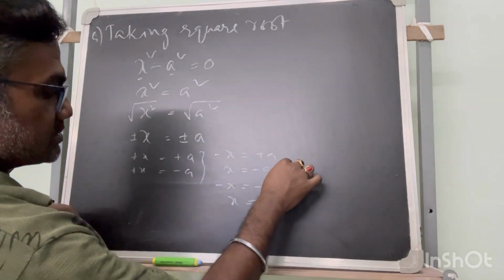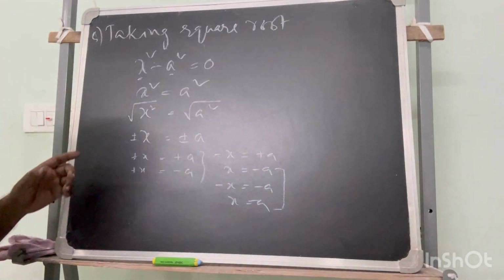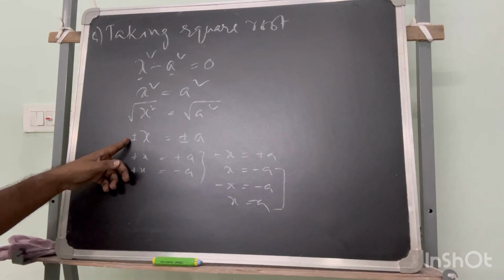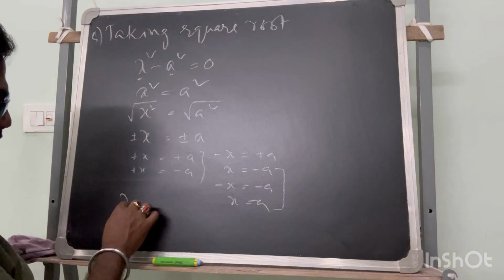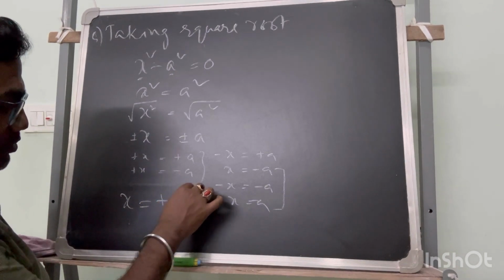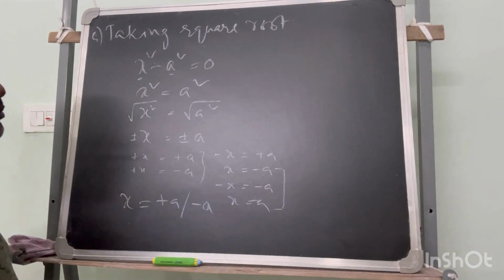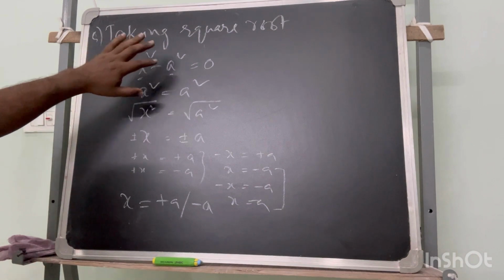So these sets are the same as this set. Taking plus minus here will not change the result. I will get two values where x could be plus a or minus a. So this is one kind of taking the square root.